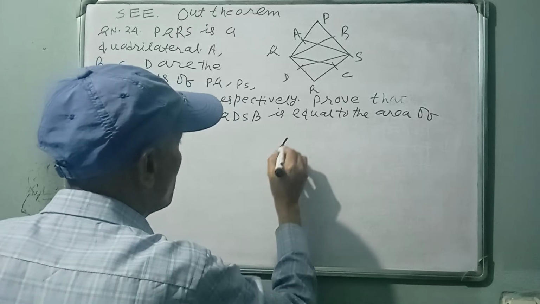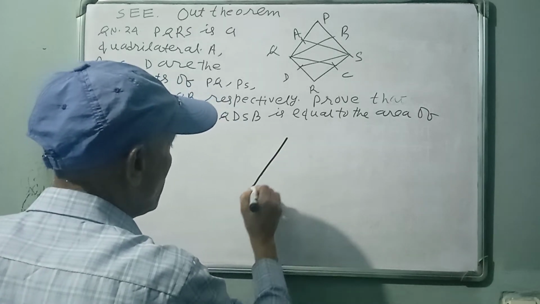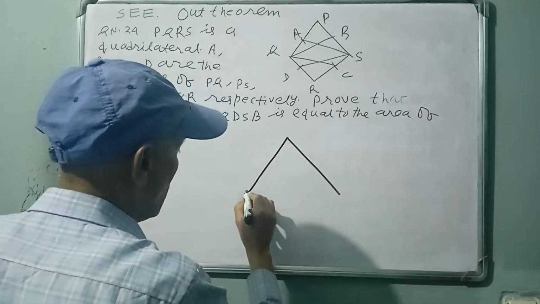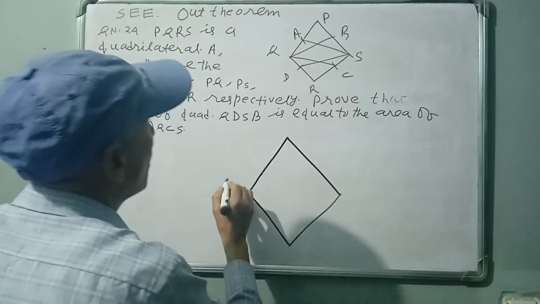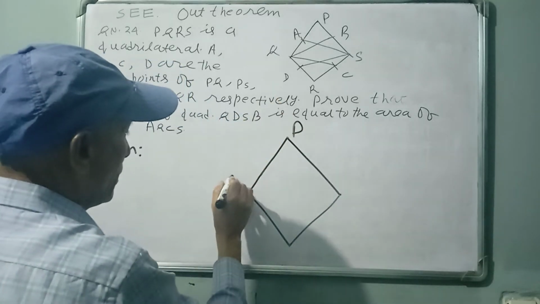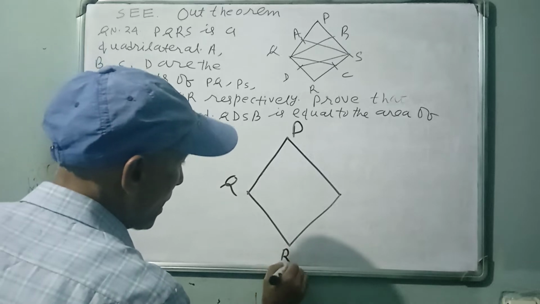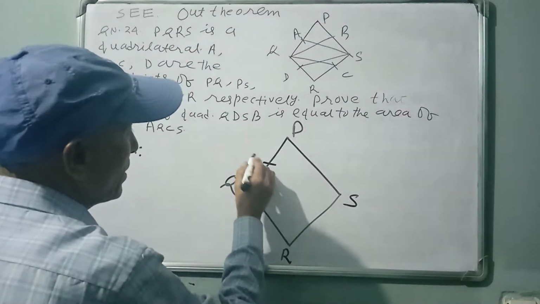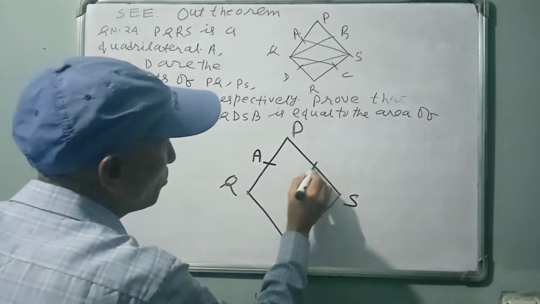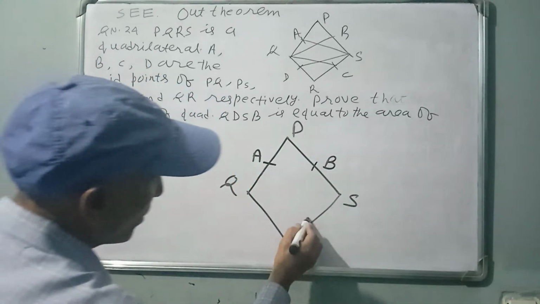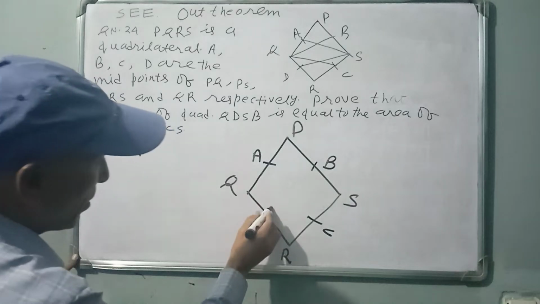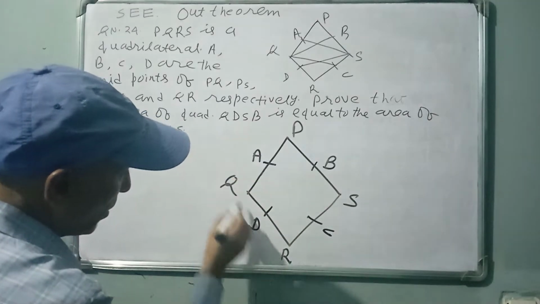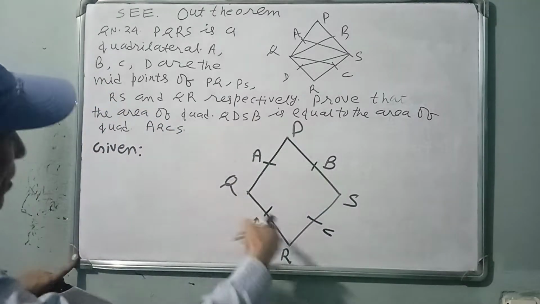PQRS is any quadrilateral. A is the midpoint of PQ, B of PS, C of RS and D of QR. This is the given condition.